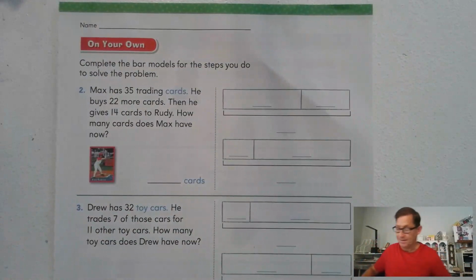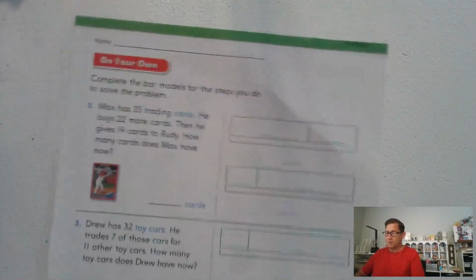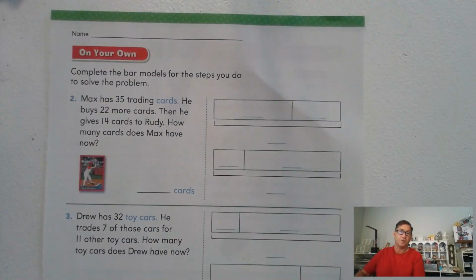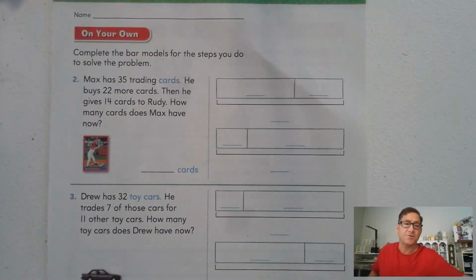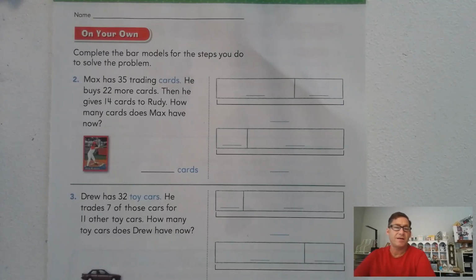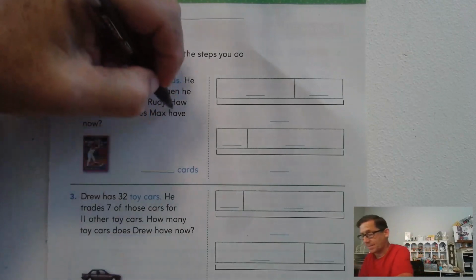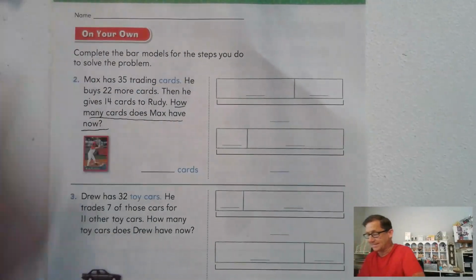All right, page 271. Complete the bar models for the steps you do to solve the problem. Max has 35 trading cards. He buys 22 more cards. Then he gives 14 cards to Rudy. How many cards does Max have now?